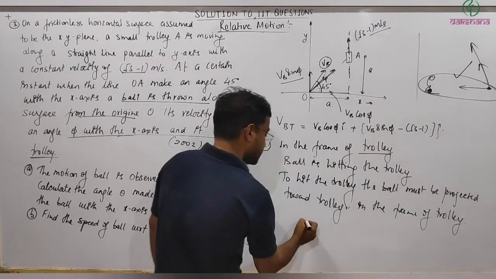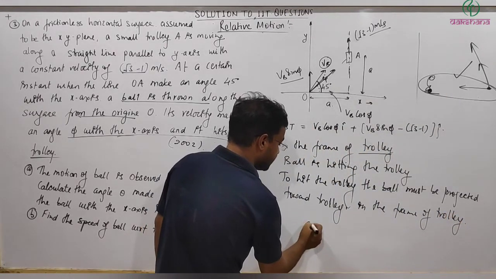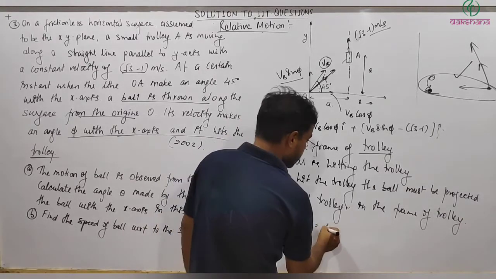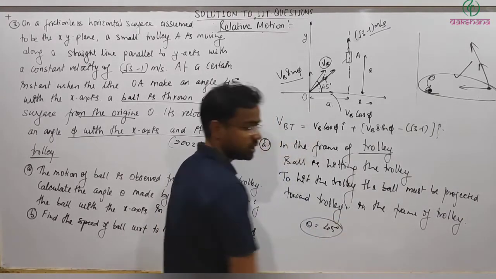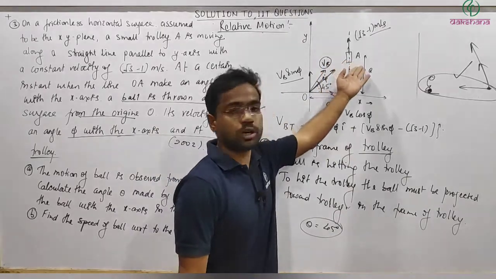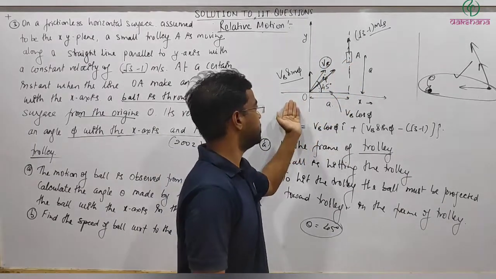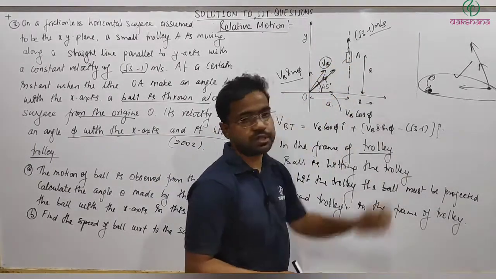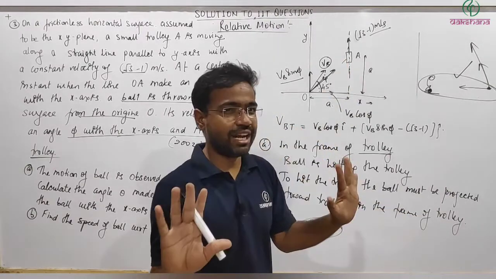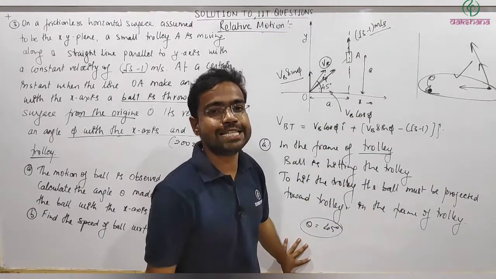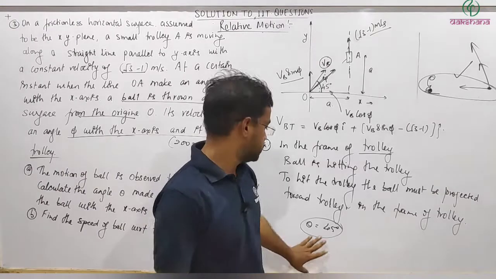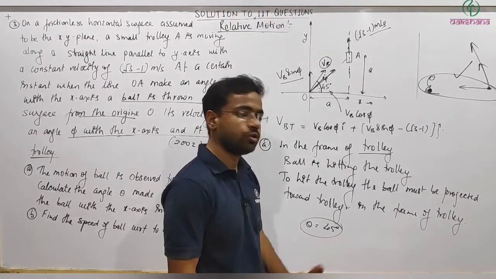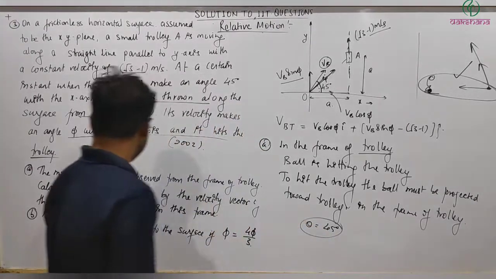That means the angle theta made by the velocity vector of the ball with the x-axis must be 45 degrees, because the trolley is making 45 degrees with the x-axis. The ball must be projected exactly pointing towards the trolley in the frame of the trolley; only then will it strike the trolley. So we got the answer: theta is equal to 45 degrees. This is part A.